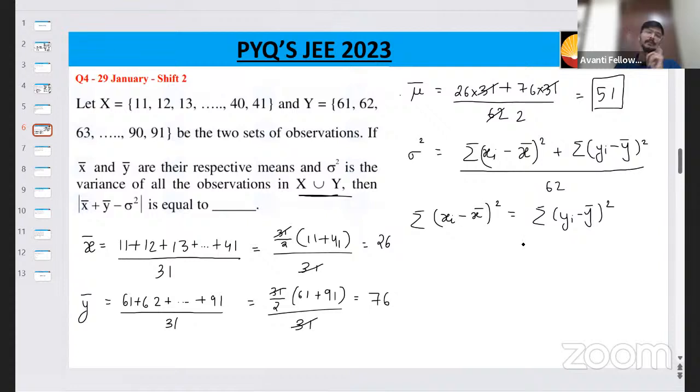Please check. This is 26. So if I subtract 26 minus 11, I'll get 15. 76 minus 61, I'll get 15. Minus 12, I'll get 14. Minus 62, I'll get 14. Check, guys. That means we just have to find these numbers, i equals 1 to 31.